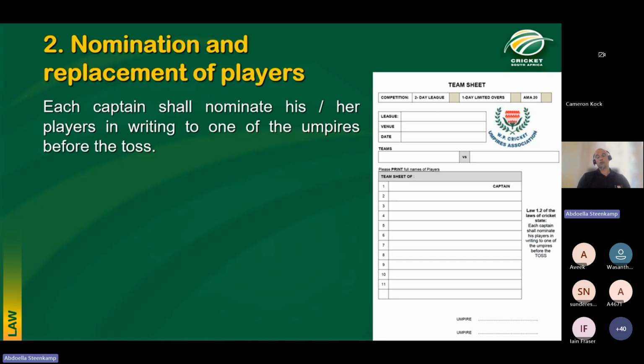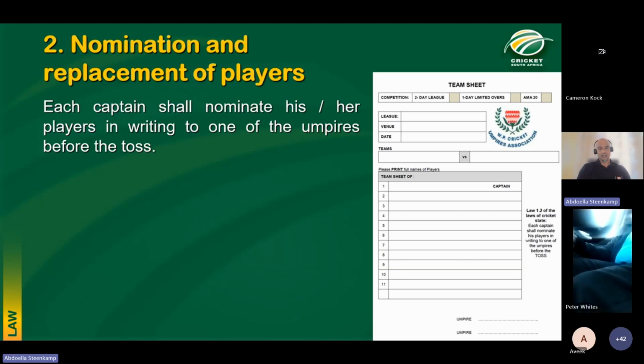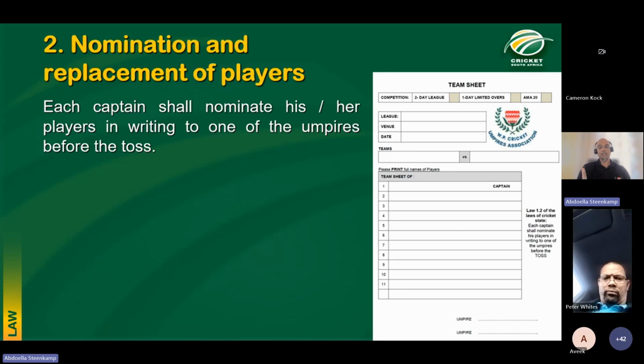When we get to the ground, we hand this to the captains. They need to complete it, and then bring it to the toss or give it to the umpires before the toss. The toss is not to take place unless the nomination sheets of both sides are completed.